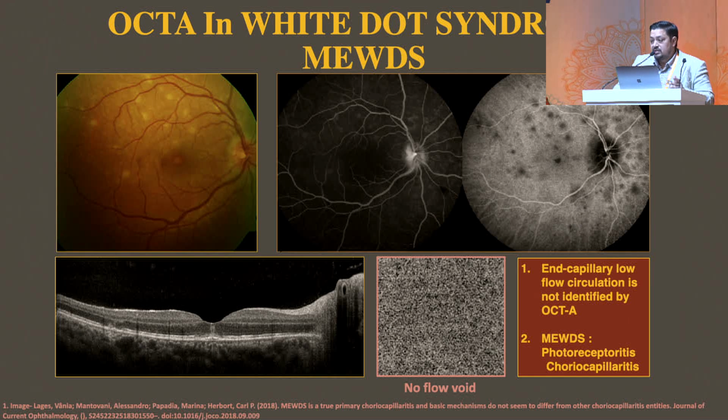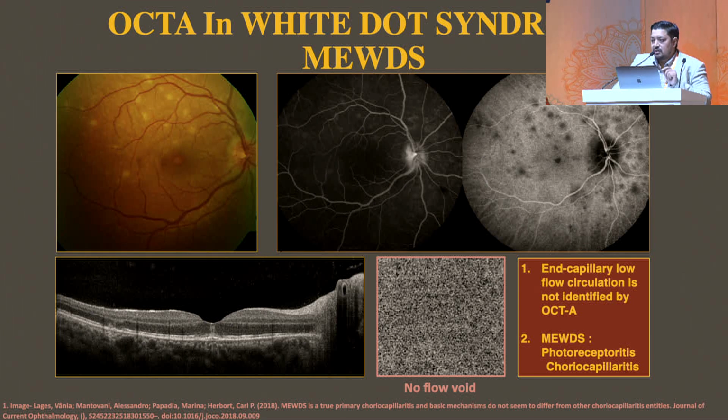You do an ICG in this patient, and again you see these hypofluorescent flow void areas. But when you do an OCT angiography in these patients, you don't see any flow void areas in the choriocapillaris plane. This is where the limitation of OCT angiography helps you clinch the diagnosis.